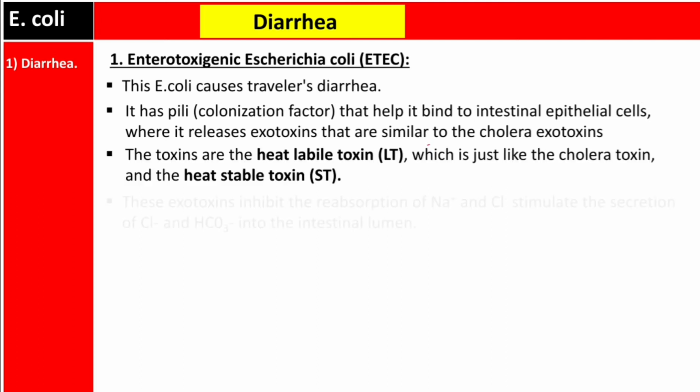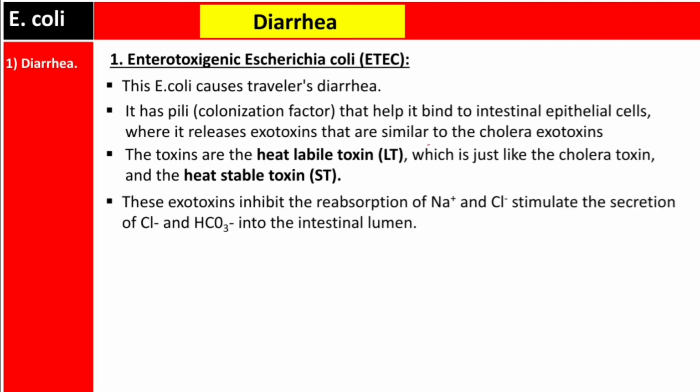These exotoxins inhibit reabsorption of sodium and chloride ions, and they stimulate secretion of chloride and bicarbonate into the intestinal lumen. What will happen here is that water will follow the osmotic pull of these ions, resulting in water and electrolyte loss.